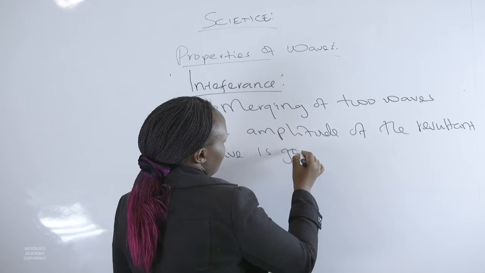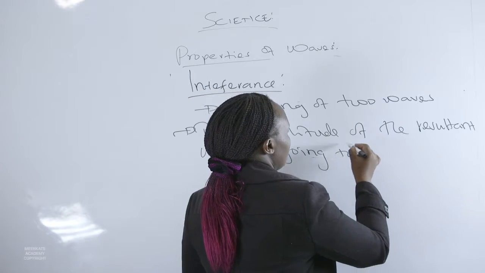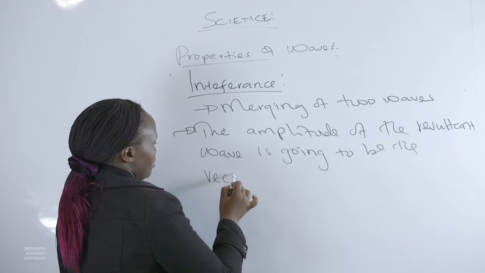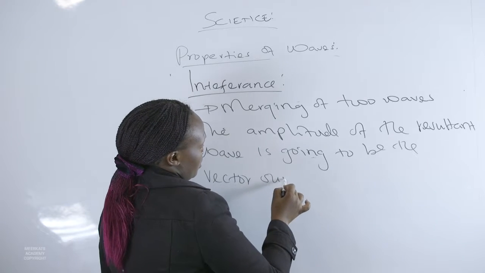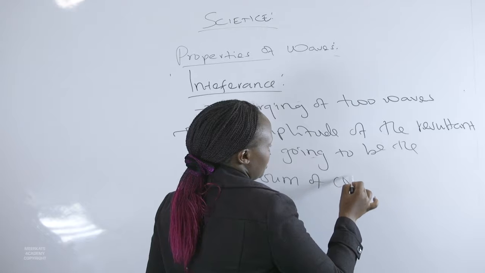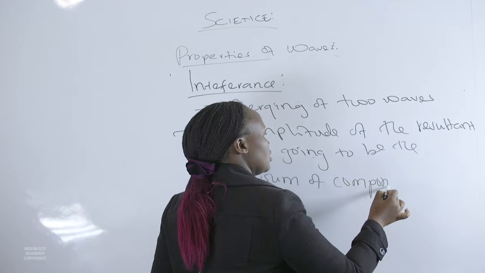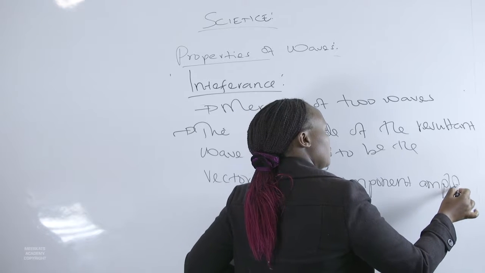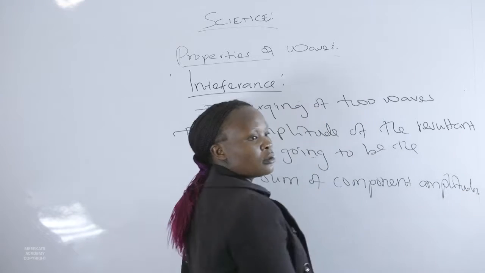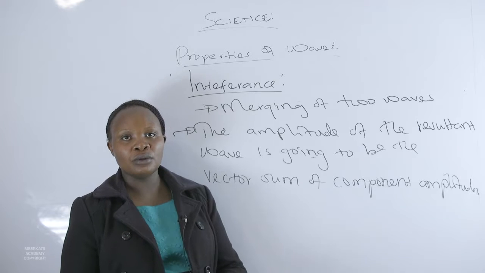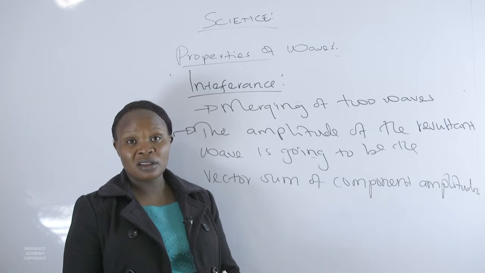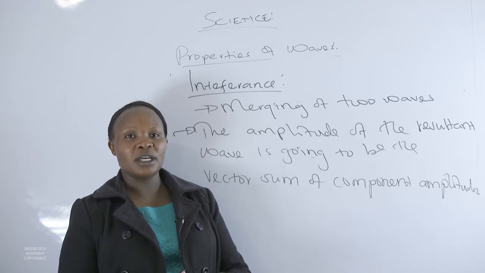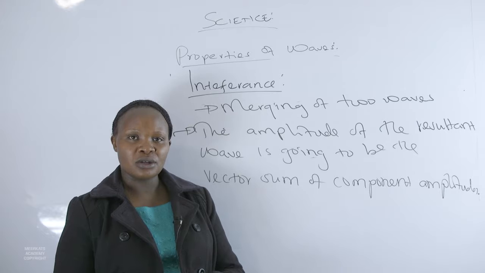The amplitude of the resultant wave is going to be the vector sum of the component amplitudes. We have two waves with their distinct properties coming together, and we expect them to merge or combine.